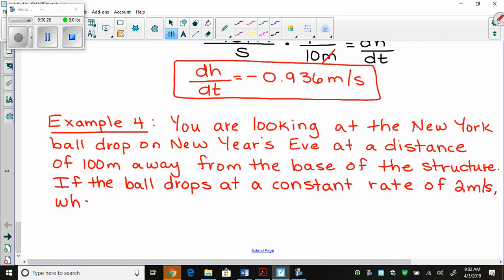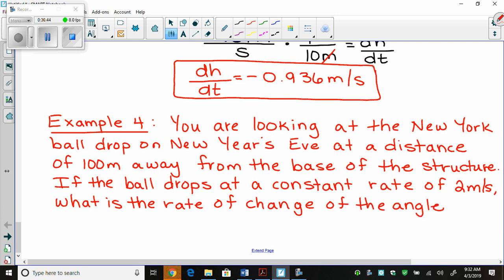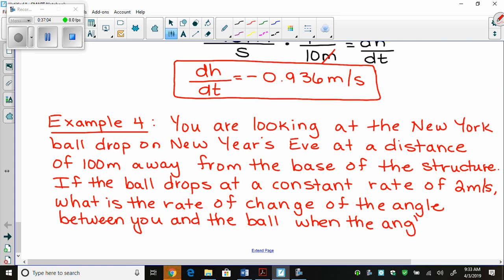what is the rate of change of the angle between you and the ball when the angle is pi over 4?